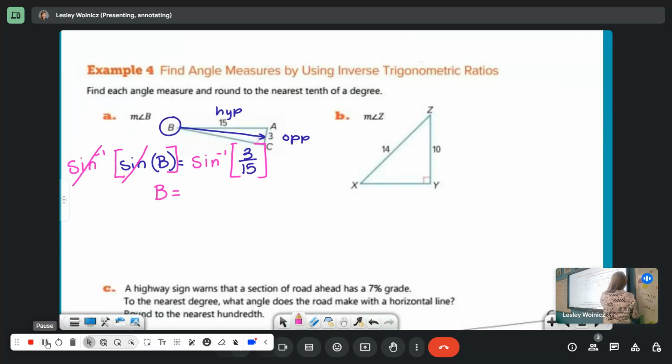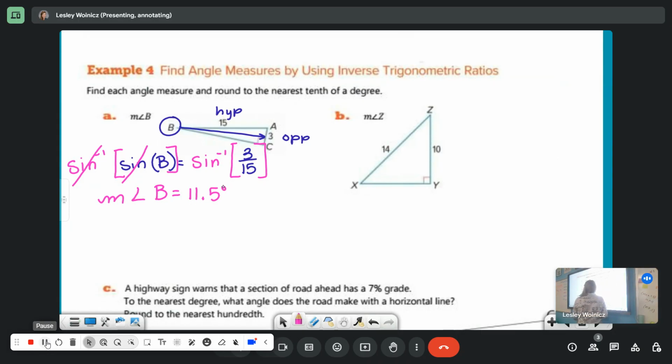So the measure of angle B is 11.5 degrees. So if you want to, you can still set it up the same way and then just use the inverse to undo the ratio and get your angle back.